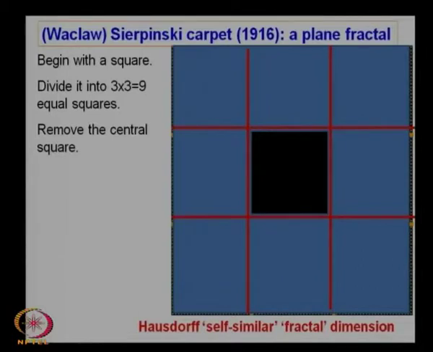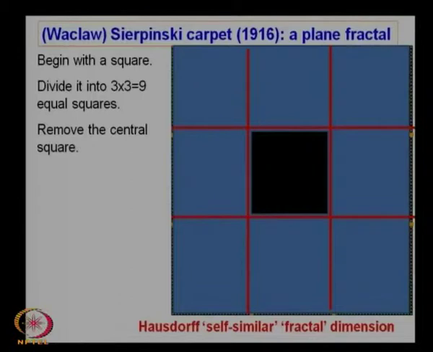How many self similar parts are you now left with? 8. Okay. Now each of these 8 parts is a square, and a square is what you began with. So that is now your entity that you will carry over the process of self similar constructions.